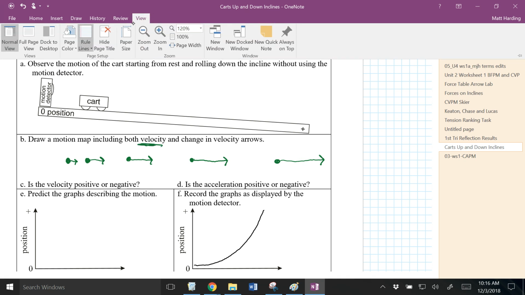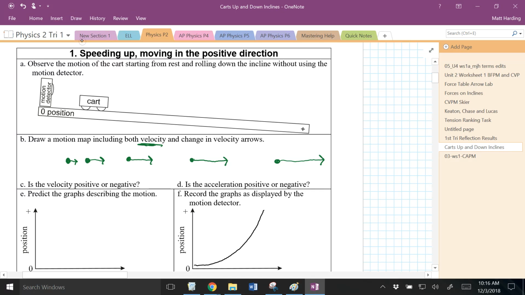And then we're going to add something else in here that we didn't have to do before. And those are the change in velocity arrows. Basically, I want to show what am I adding to this arrow to get the next one. And if I add those two things together, that gives me this arrow.